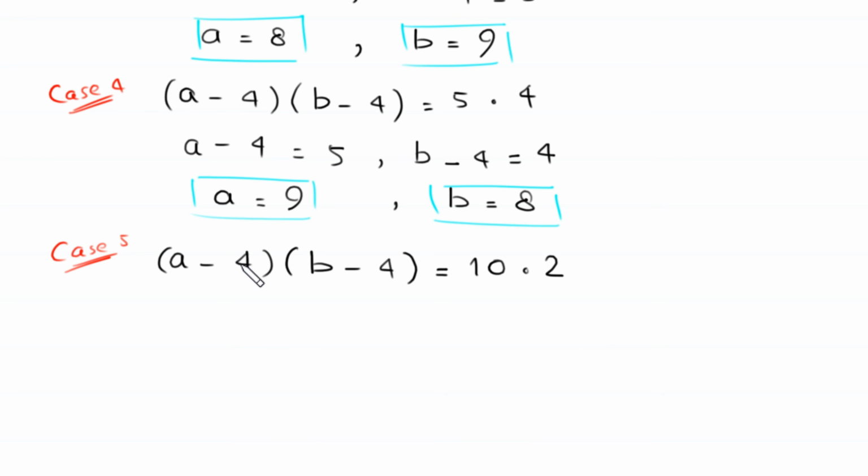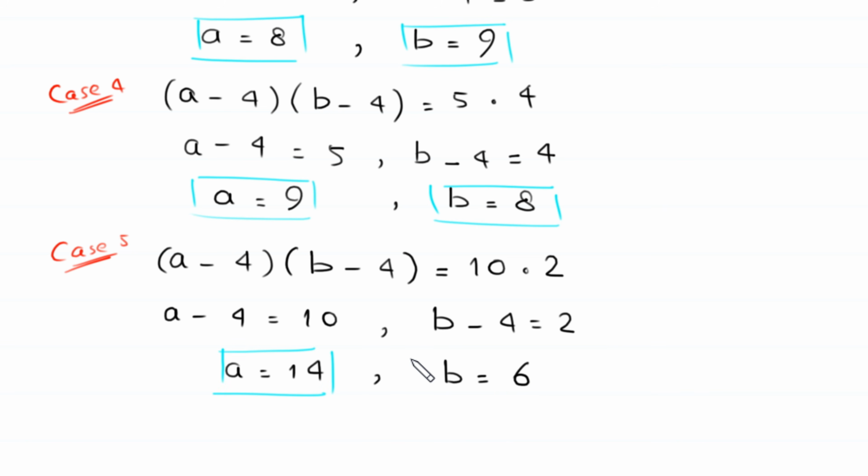So this a minus 4 will be equal to 10, and this b minus 4 will be equal to 2. From this equation we get the value of a is equal to 14, and from this equation we get the value of b is equal to 6. So from this case we get a 14 and b 6.